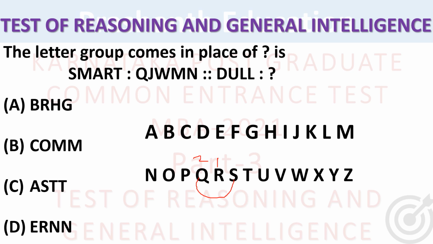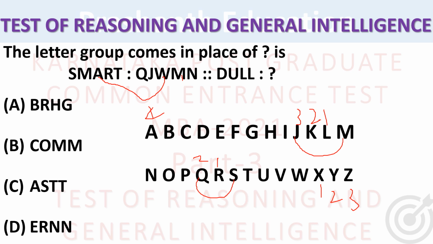Then M to J, we have 1 2 3. Then W to A, we have 1 2 3 4. So it is increasing, one increment is happening.